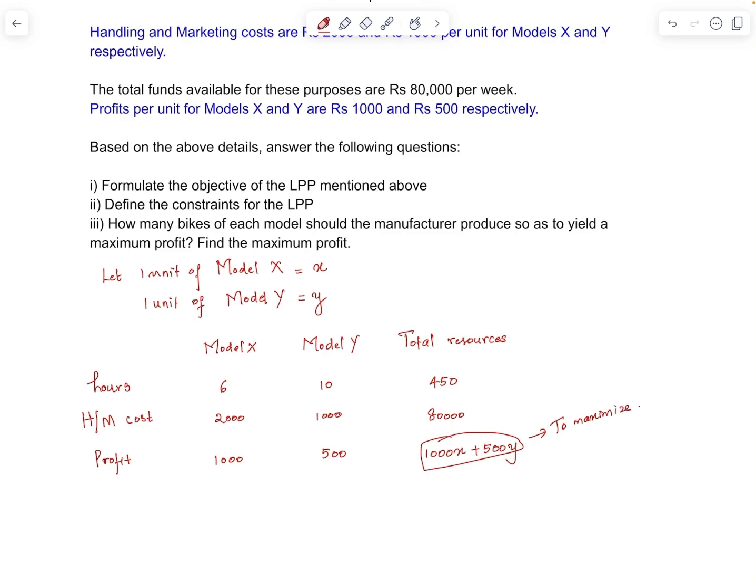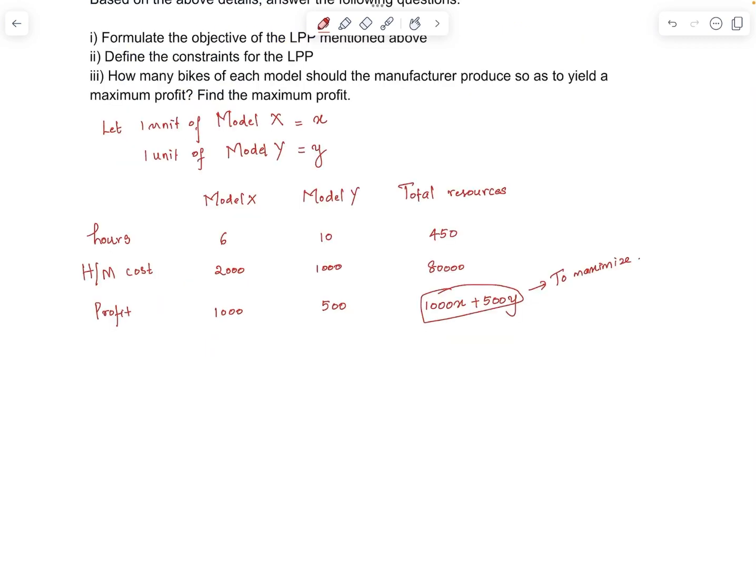given some constraints. The first constraint is with regard to the hours, that is 6x plus 10y has to be less than or equal to 450 hours because the total hours available is only 450. So this cannot exceed 450. That is the first constraint.